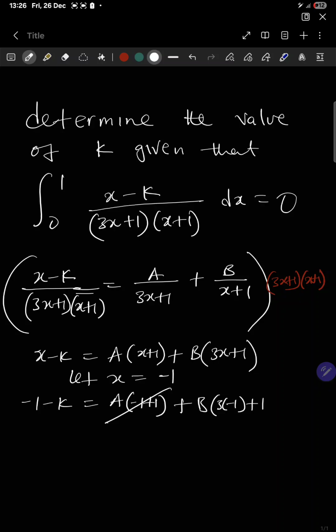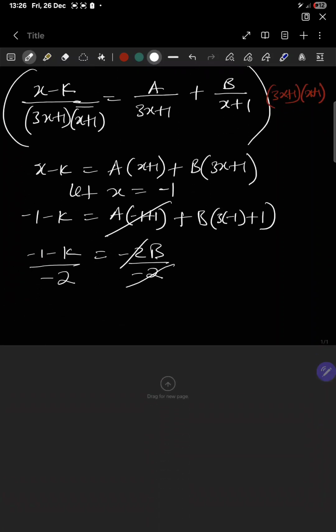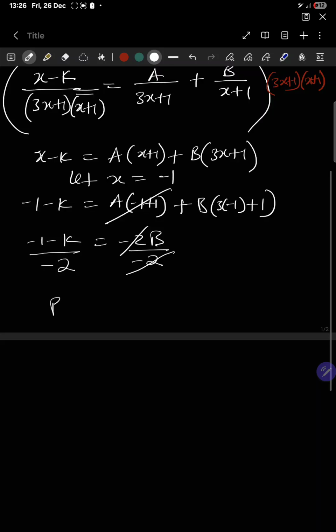Then the part for a will go, and we end up having -1 minus k is equal to 3 times -1, which is -3, plus 1, which is -2, times b, which is -2b. Now you need to get the value of b. You can divide by -2. You also divide by -2 on the other side.